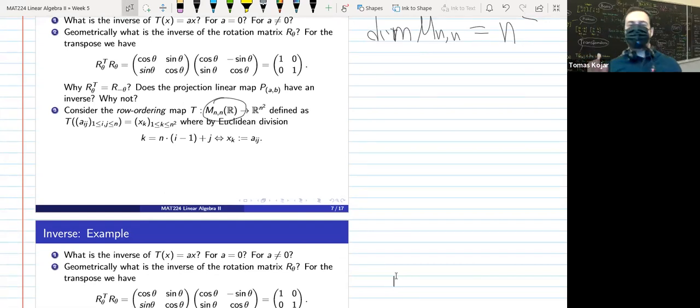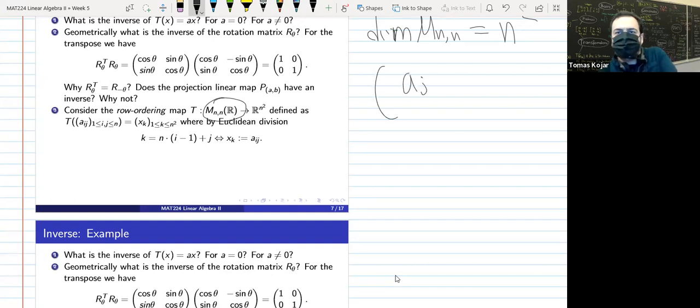So let me explain this map. How does it work? Let me do it the easier way. Let me start with the matrix.